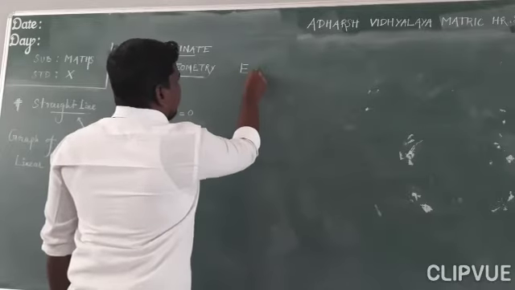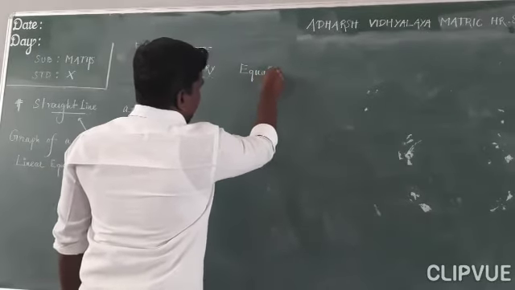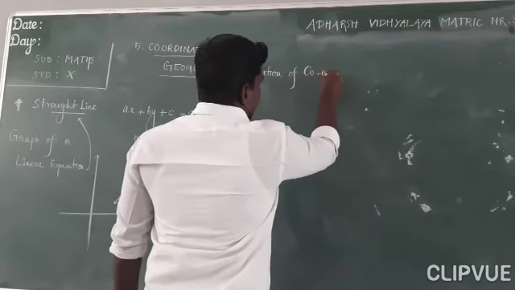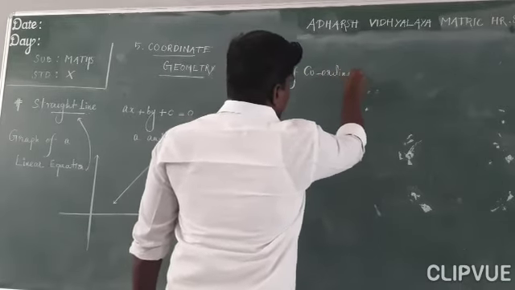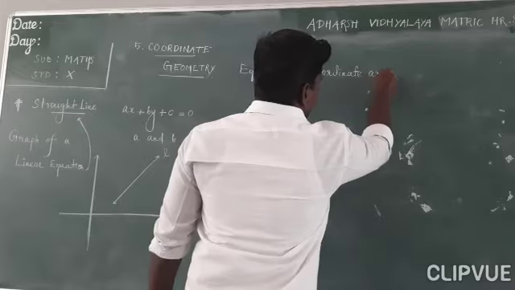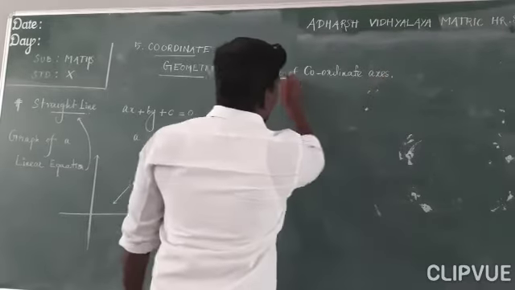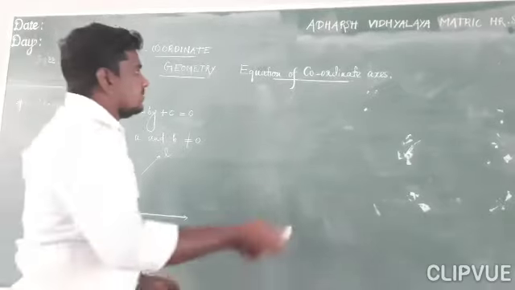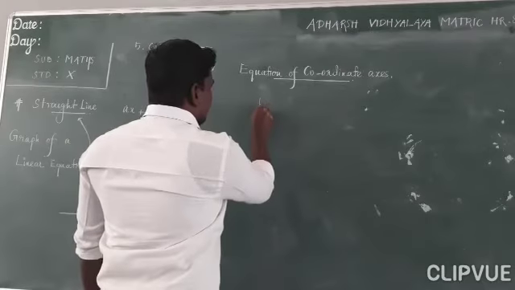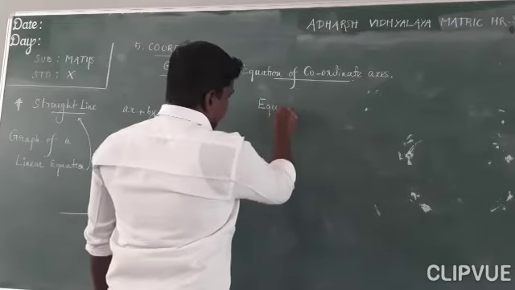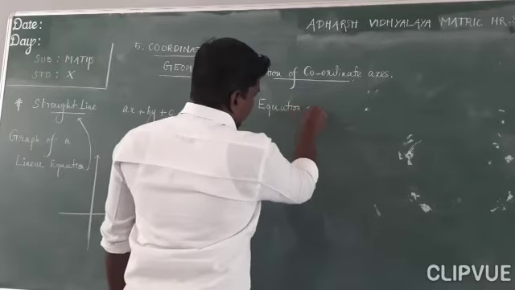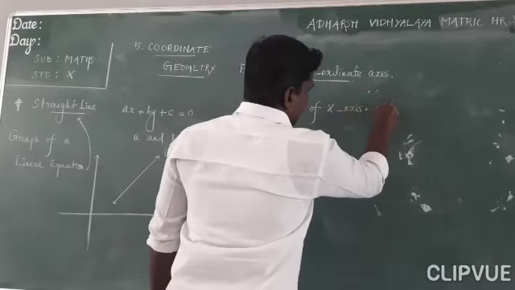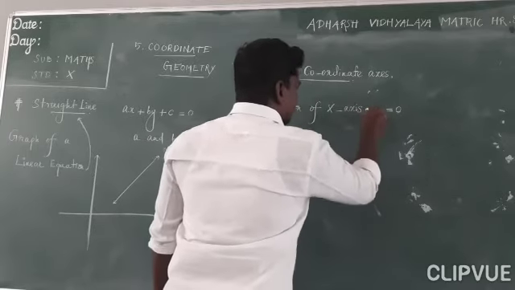Equation of the coordinate axis. You know that there are two coordinates, x and y. So first, the equation of x axis. That is y is equal to 0.